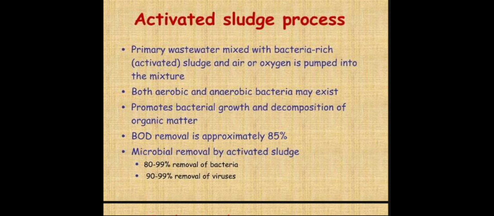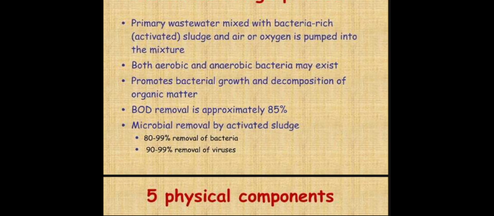Primary wastewater is mixed with bacteria rich sludge. Okay, that primary water will be mixed with bacteria rich sludge, means the sludge which contains aerobic and anaerobic microorganisms, and air or oxygen is pumped into the mixture. Okay, see here, second point we already discussed.